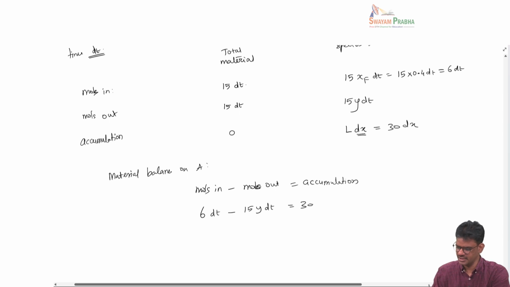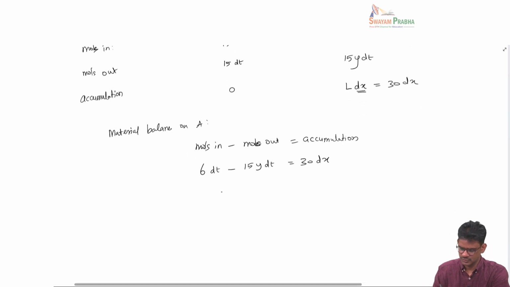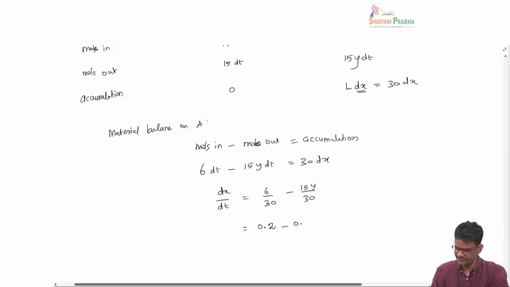So I get 30 dx. So then I can write dx by dt is equal to 6 by 30 minus 15y by 30. This is nothing but 0.2 minus 0.5 y.